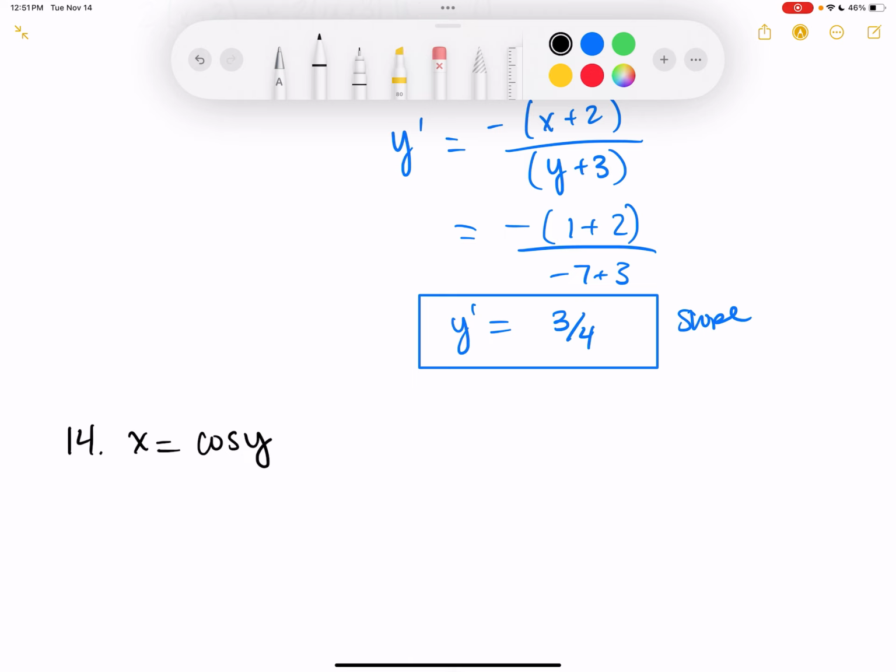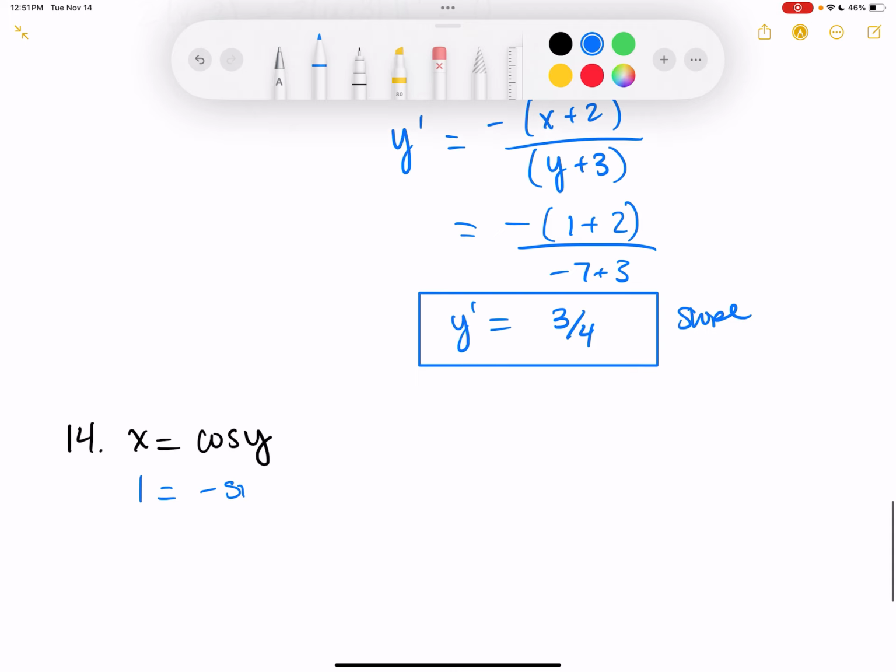Take the derivative, and that would be 1 equals negative sine y prime. So then I need y prime by itself. That gives me 1 over negative sine of y.